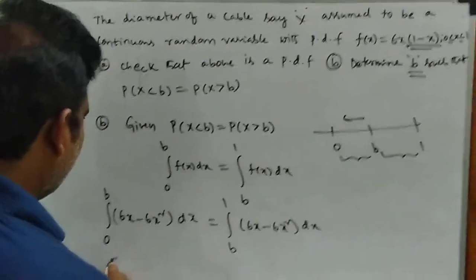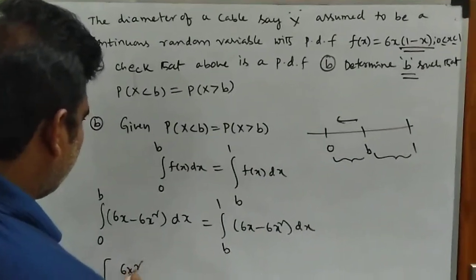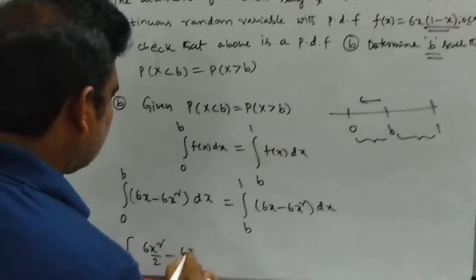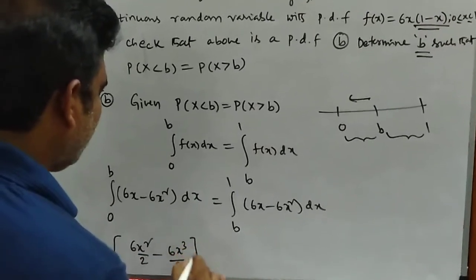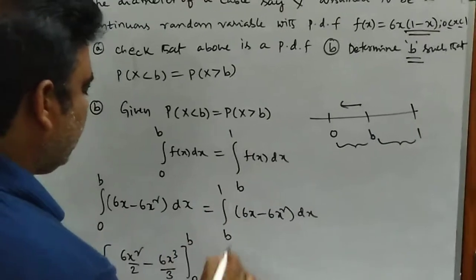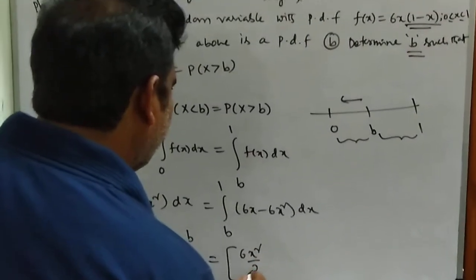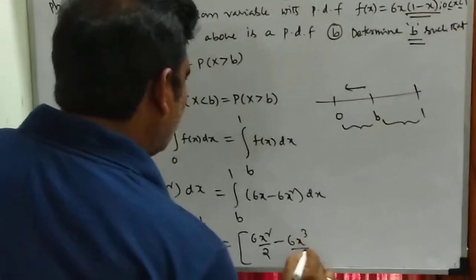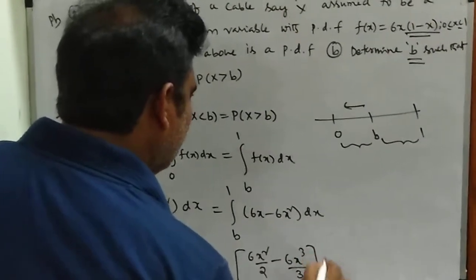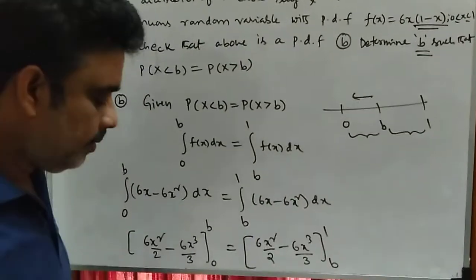So on integrating, what will we get? 6x square by 2 minus 6x cube by 3 between the limits 0 and b. On the right hand side it is the same integration, 6x square by 2 minus 6x cube by 3 between the limits b and 1.